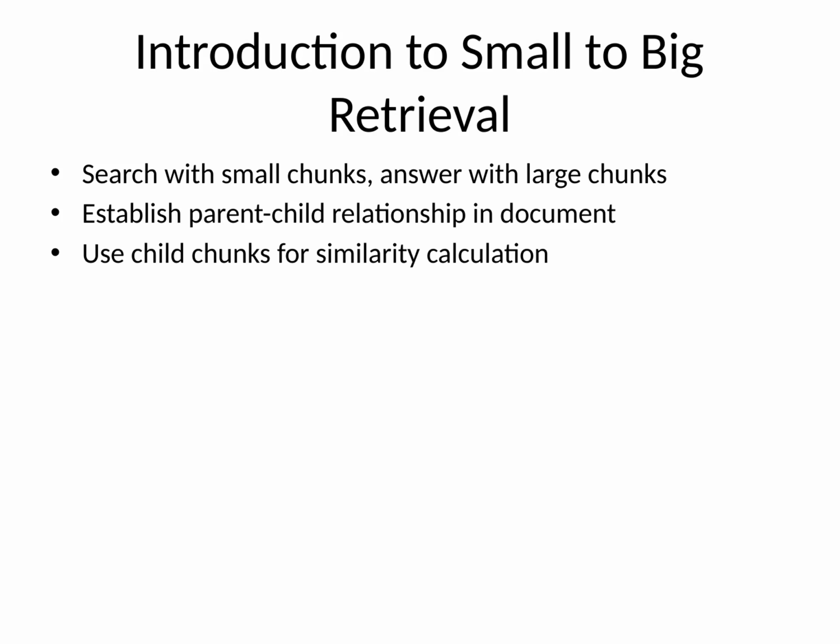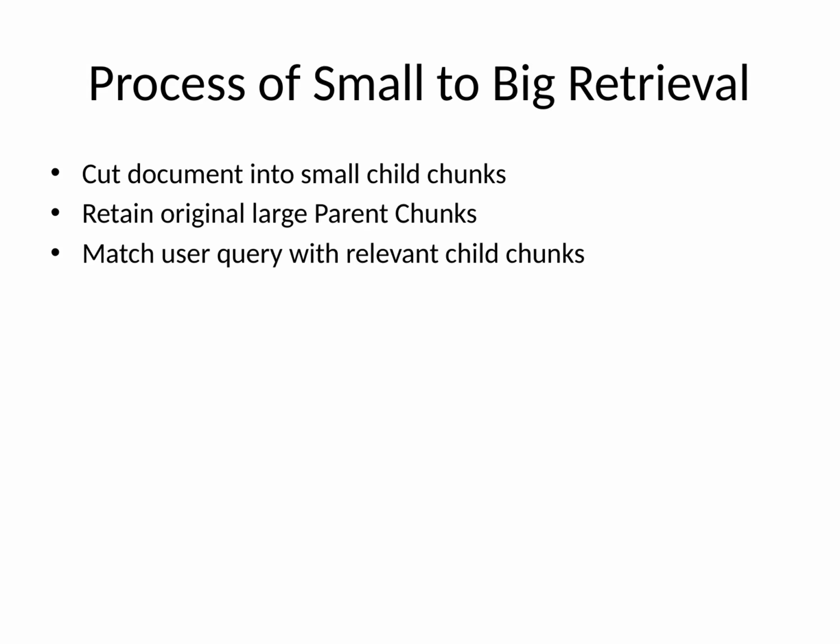The core idea is to search using small chunks and provide answers with large chunks. This involves establishing a parent-child relationship within the document, where small child chunks are used for similarity calculations. The process begins by cutting the document into small child chunks while retaining the original large chunks, known as parent chunks.